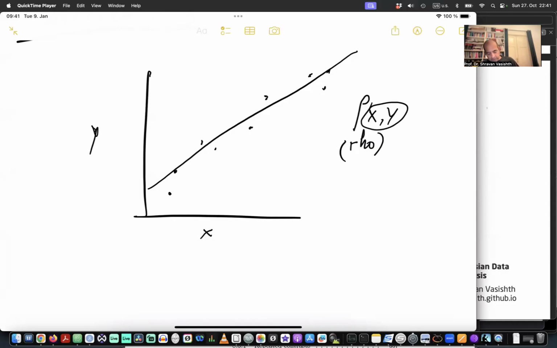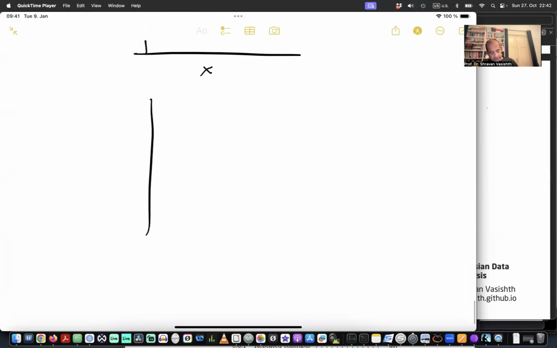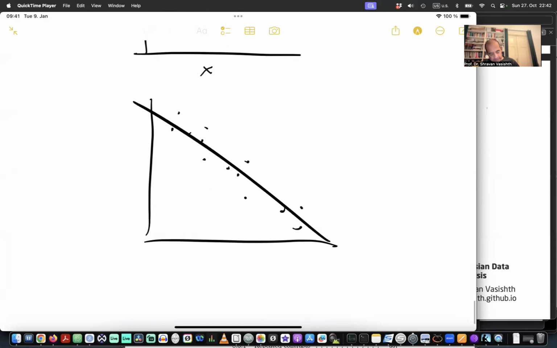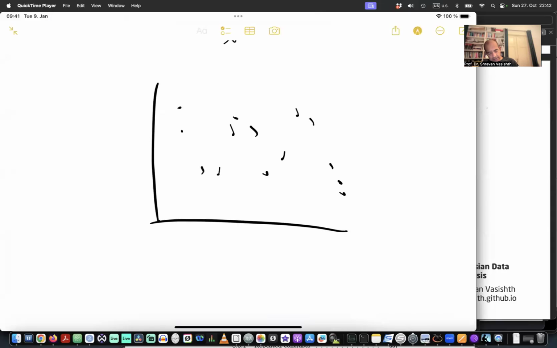There could be a positive correlation right here, but there could have been a negative correlation or no correlation at all. So a negative correlation would look like something like this, right? So X and Y. So here rho is negative, right? And a third possibility is that the association is basically not there, no correlation between them, right?